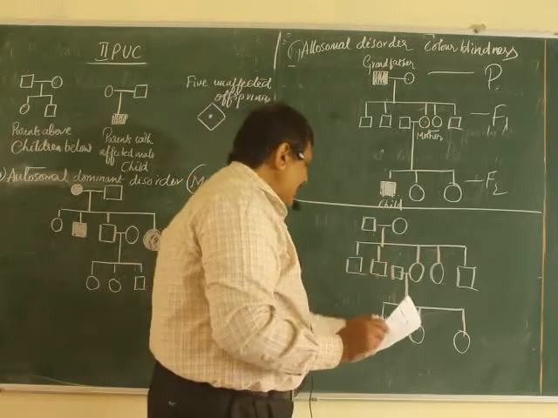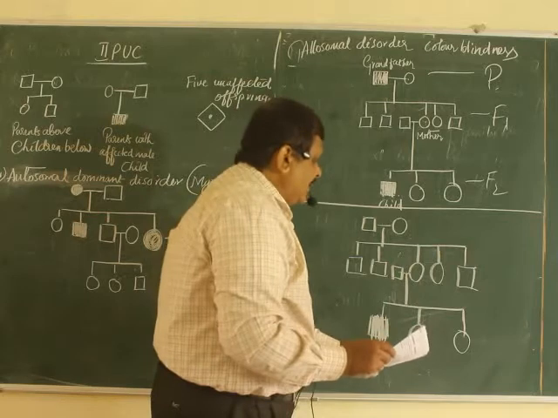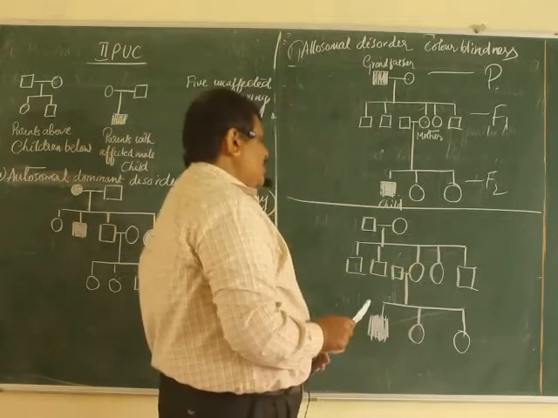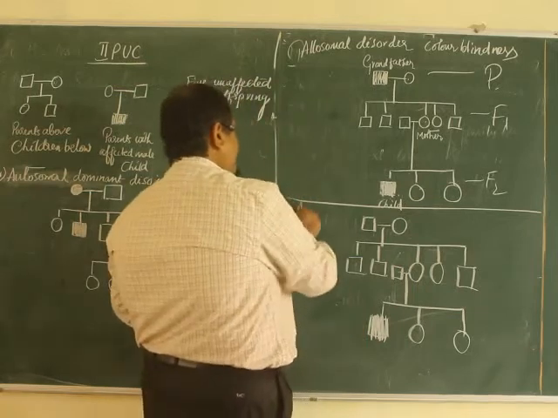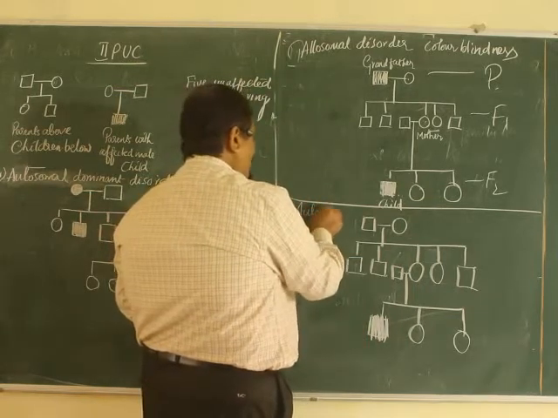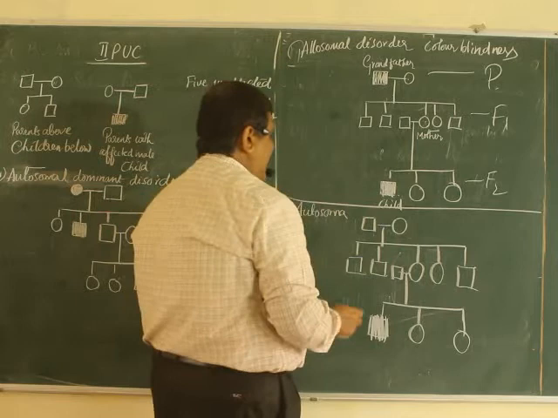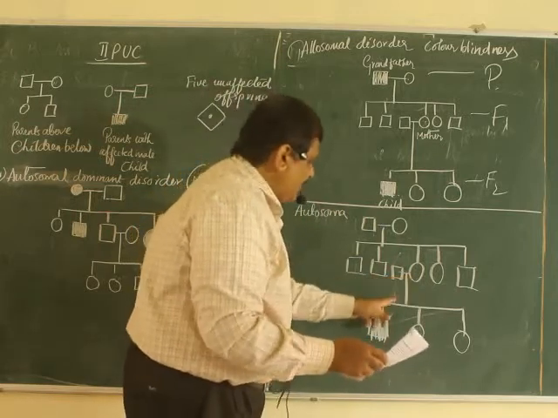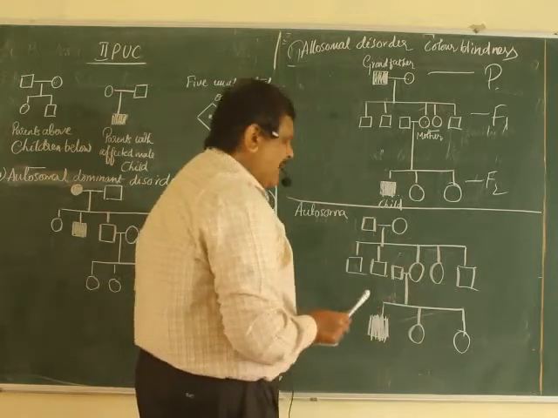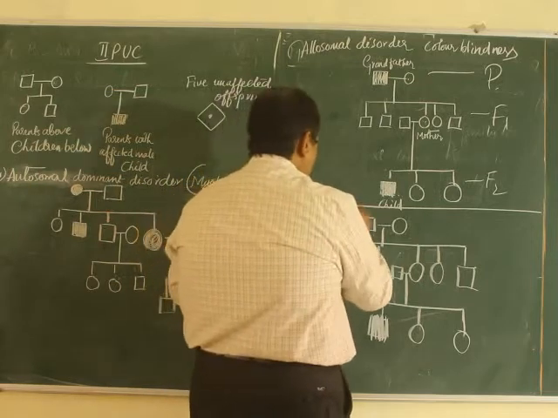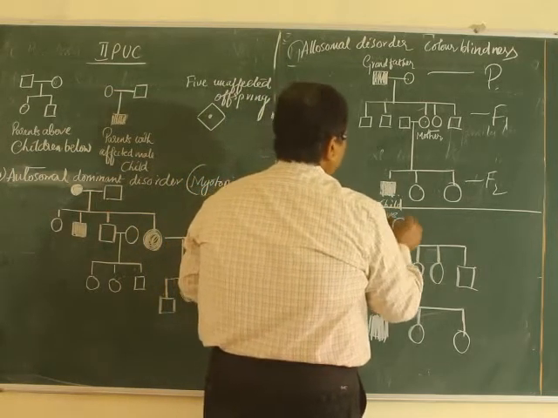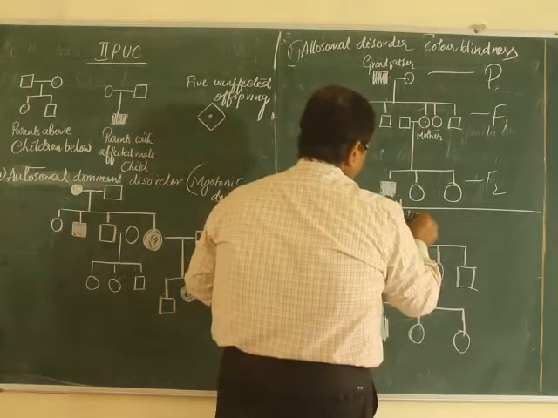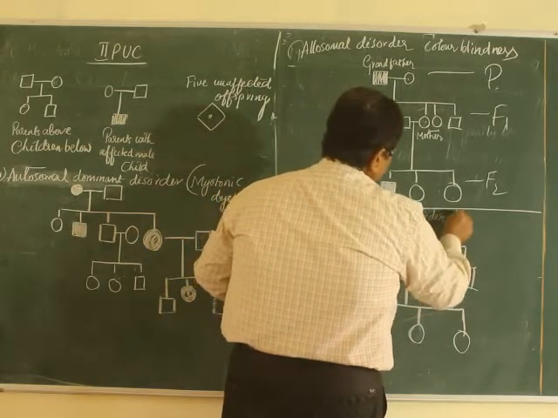So it suddenly appeared unexpectedly in the male. Such a disease is called autosomal, and it was there in the parent, but it was not expressed. So it is an autosomal recessive disorder. Sickle cell anemia.